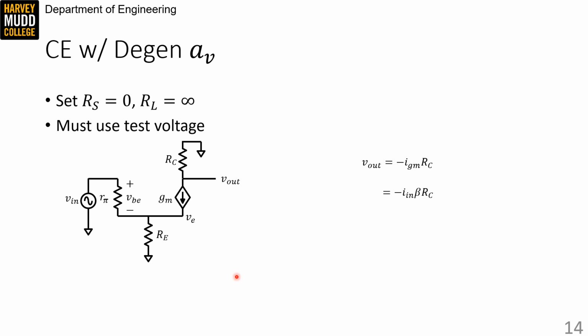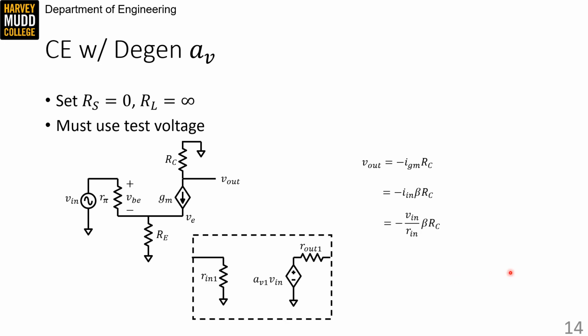We note that the GM generator current is beta times I in, but we're stuck because we don't know I in. So we play the same trick that we played with the emitter follower, where we replace this detailed transistor representation with the generic amplifier model for just a second, because we're trying to find the current passing through this branch, which we could call IR pi in our transistor model, but is the same as I in our transistor model because of the way we're biased, where current can only flow into the base.